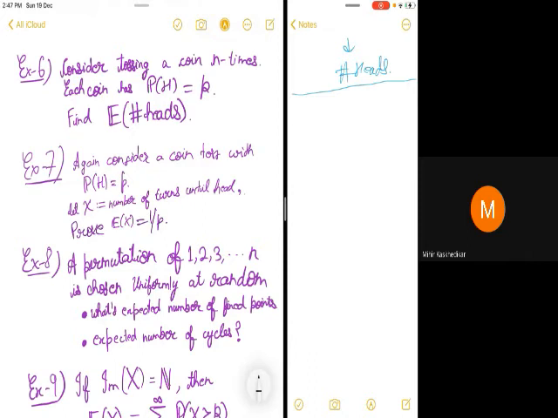Just as a hint, you want to express the number of heads as a sum of some other random variables. So try to guess a good random variable Xi, which when summed from 1 to n gives you the number of heads. Does anybody have any guesses?